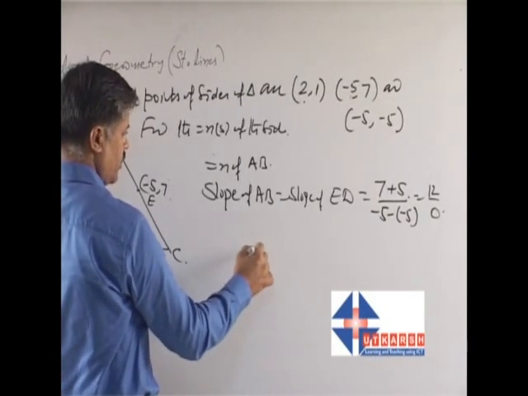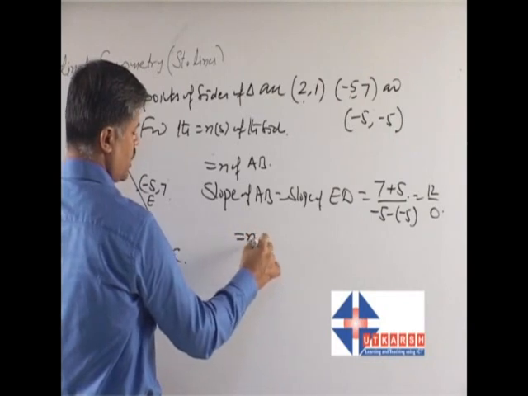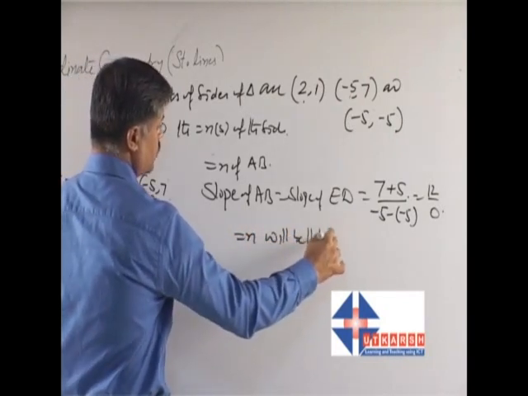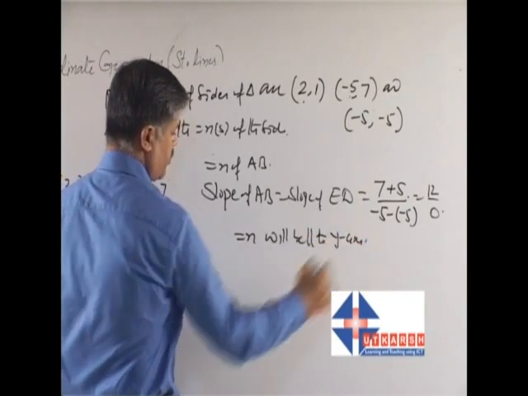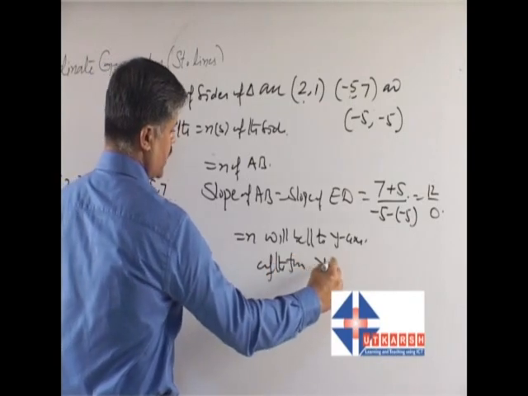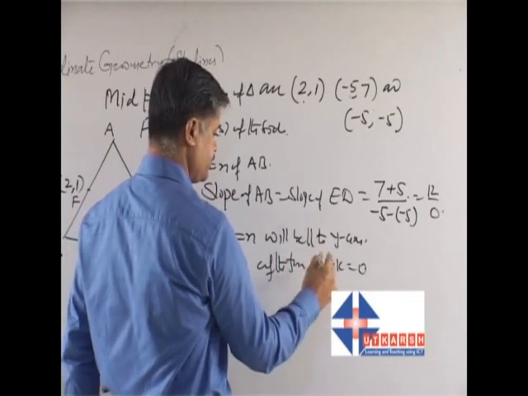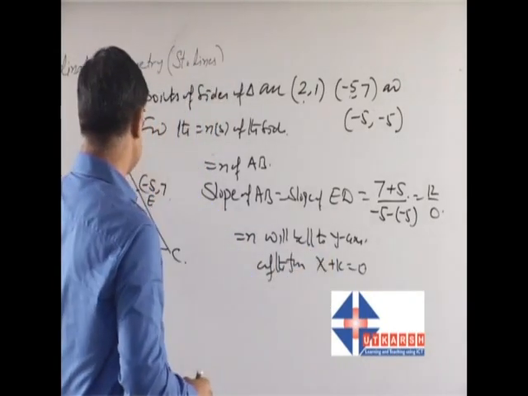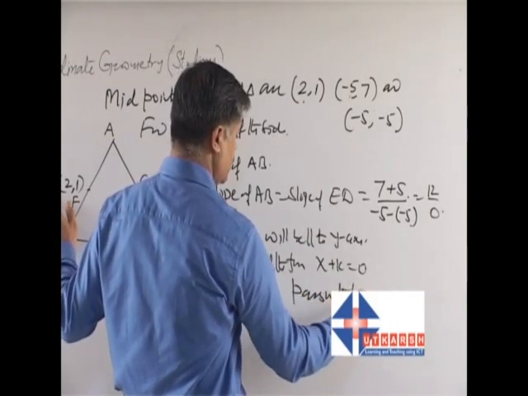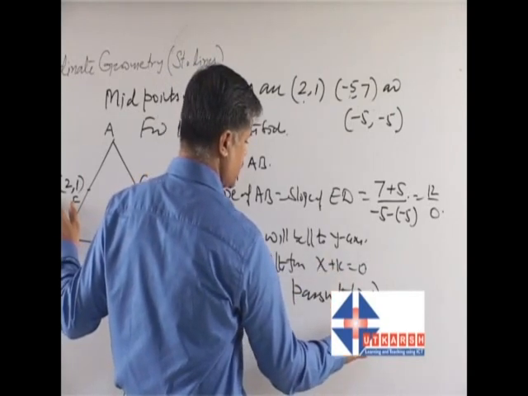So the equation of the line will be, take it as it is, there is no problem. The equation, being parallel to the y axis, will be of the form x plus k is equal to 0. Now it is passing through the point (2, 1), so you can replace it: 2 plus k is equal to 0.